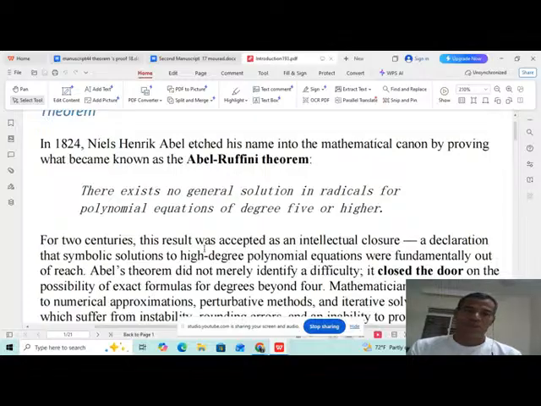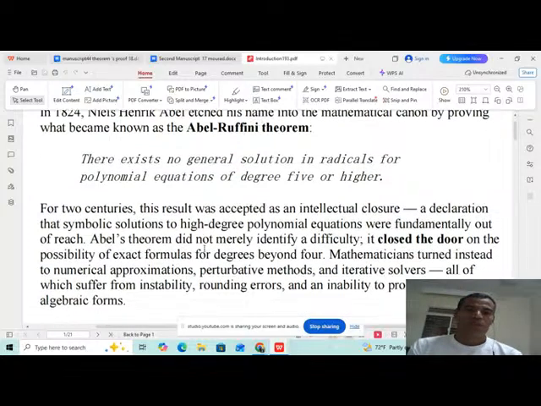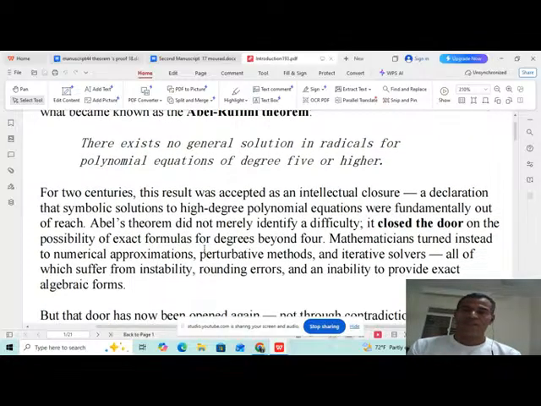Abel's theorem did not merely identify difficulty; it closed the door on the possibility of exact formulas for degrees beyond 4. Mathematicians turned instead to numerical approximation, perturbative methods, and iterative solvers, all of which suffer from instability, rounding errors, and an inability to provide exact algebraic forms.